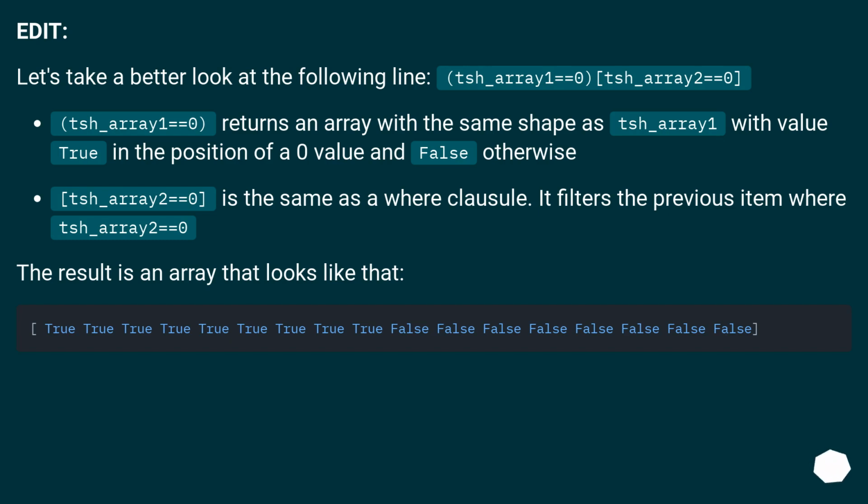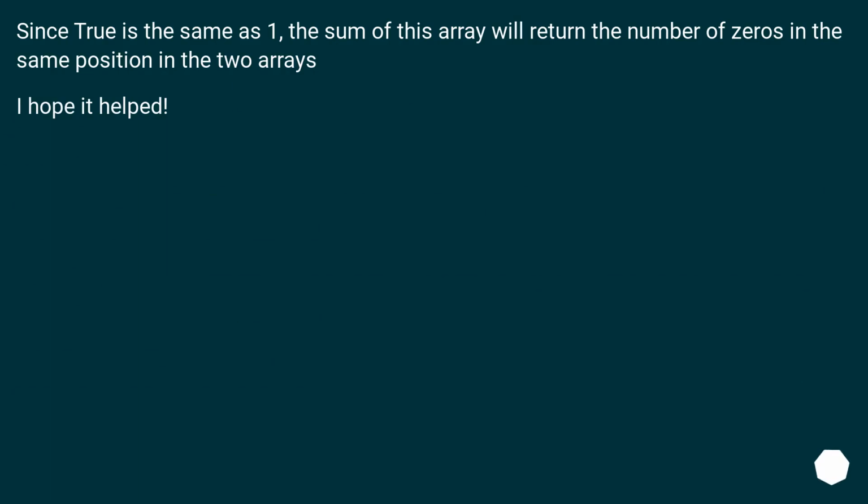It filters the previous item where tsh_array2 equals 0. The result is an array that looks like that. Since true is the same as 1, the sum of this array will return the number of zeros in the same position in the two arrays. I hope it helped.